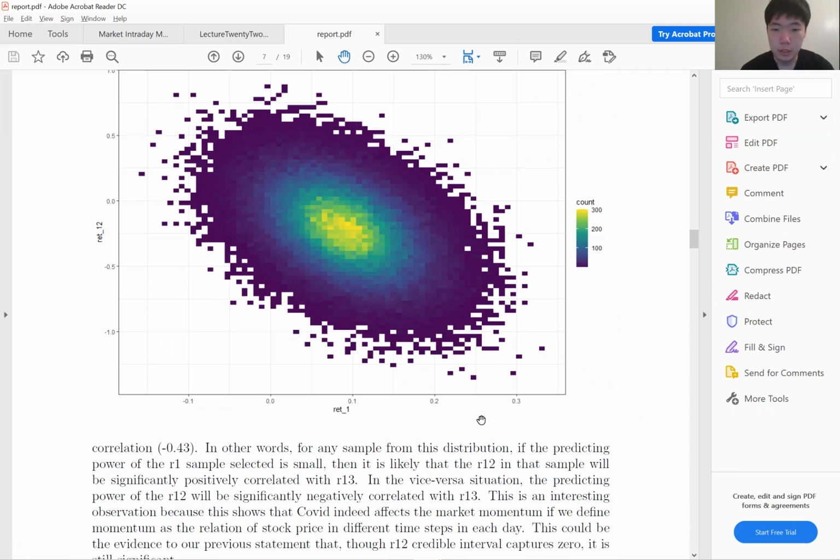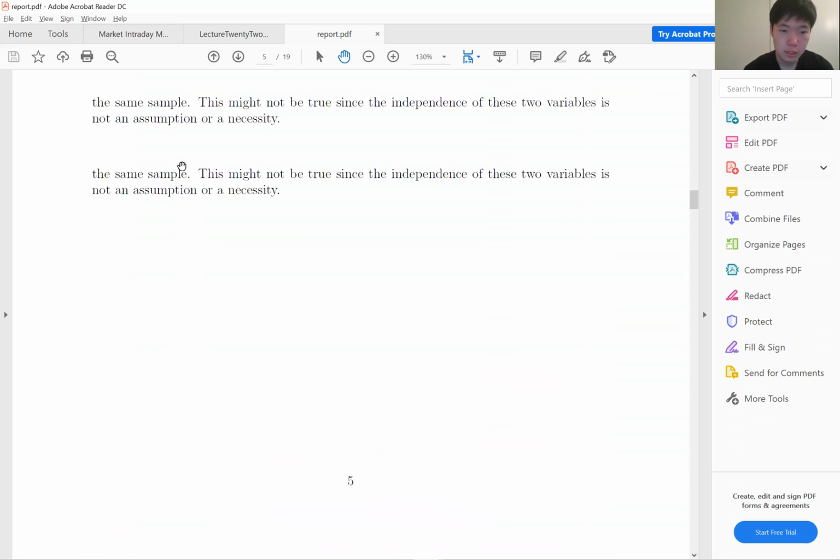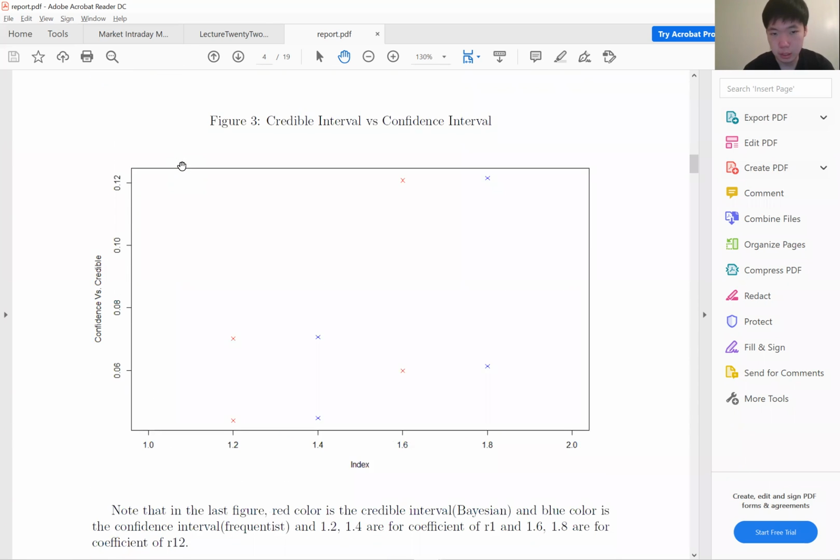However, if the explanation power of R1 is relatively small, so about in this area, that means the day will just be a normal trading day and no really informative information is released. In this case, the investors will just behave normally. So R12 will have a positive correlation with R13, just like in the normal time, right?